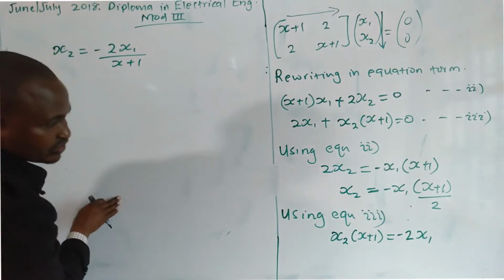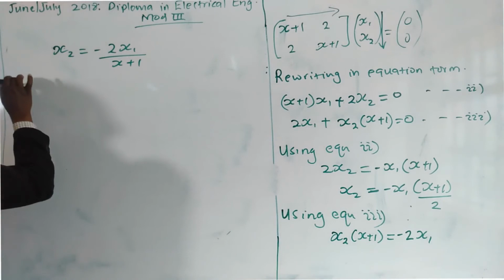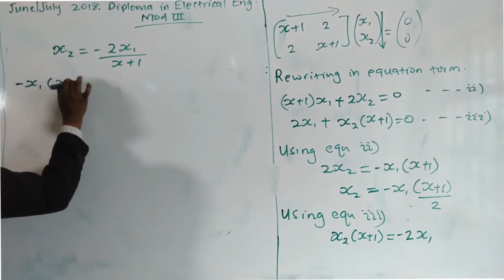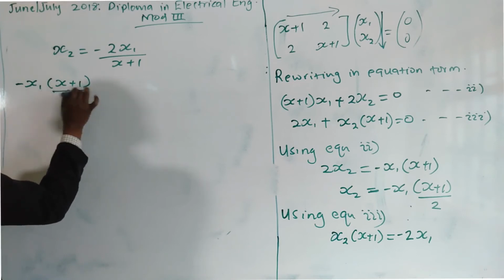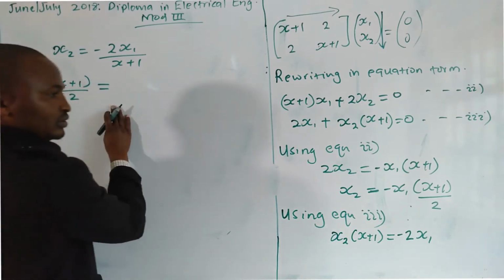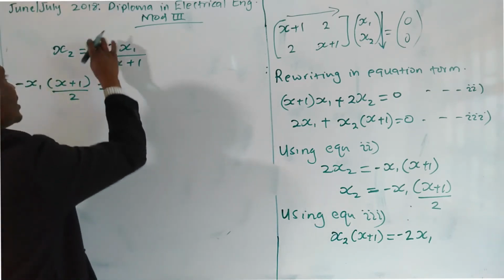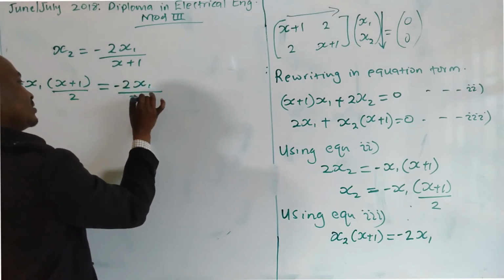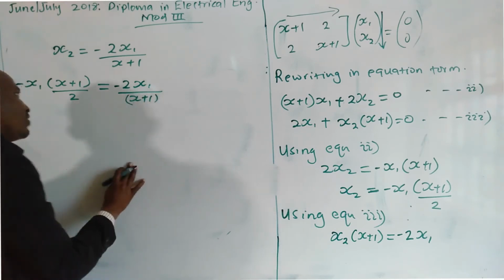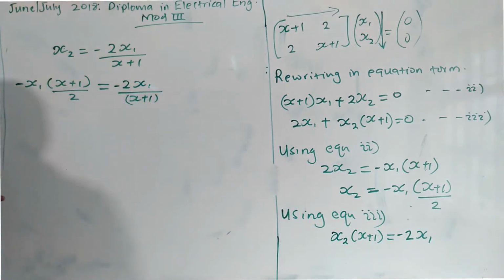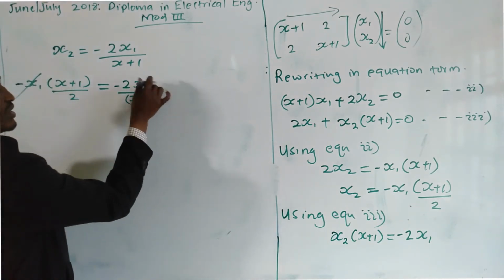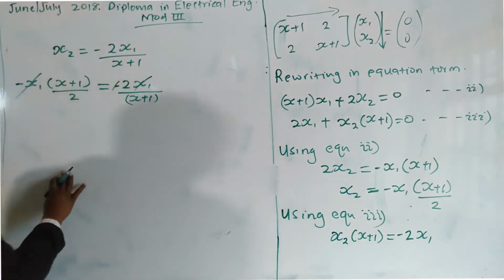Both of them are equal, so we can equate them. Negative x1 (x plus 1) over 2 is equal to negative 2x1 over (x plus 1). Of course, on both sides we can cancel out the x1, and the negative will also cancel out.